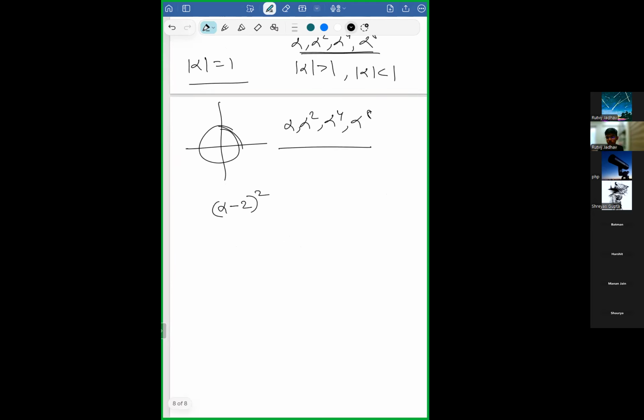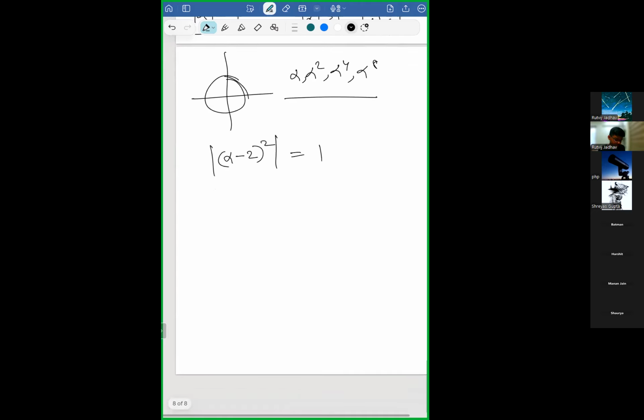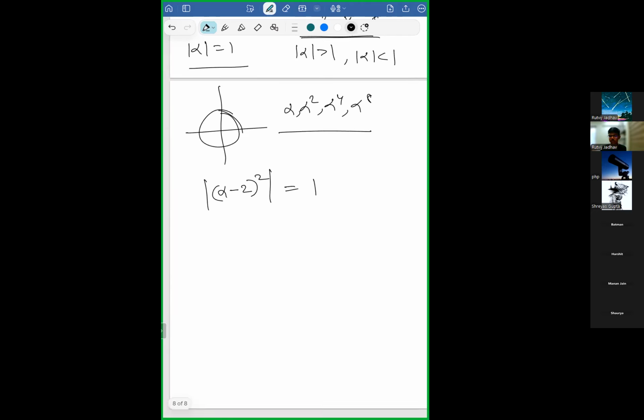So alpha minus 2 the whole square also has to lie in the unit circle. So mod alpha minus 2 the whole square also has to equal 1. But you can intuitively see that this is not possible if alpha is not 1.